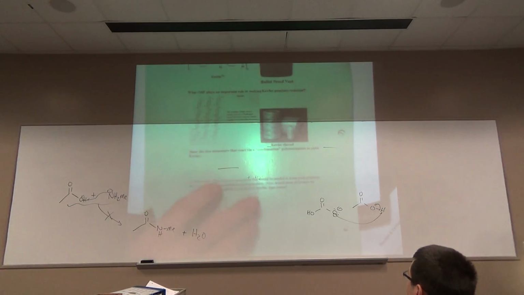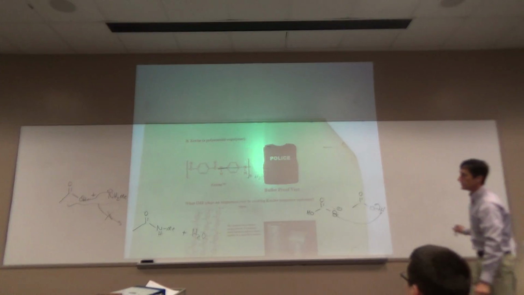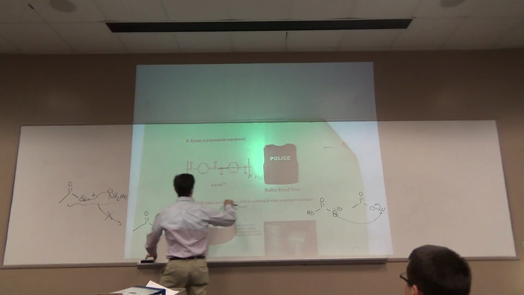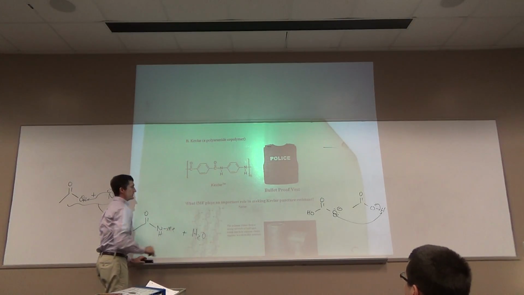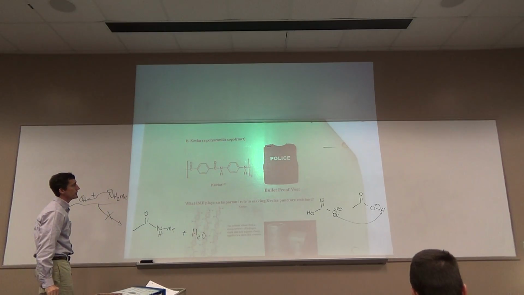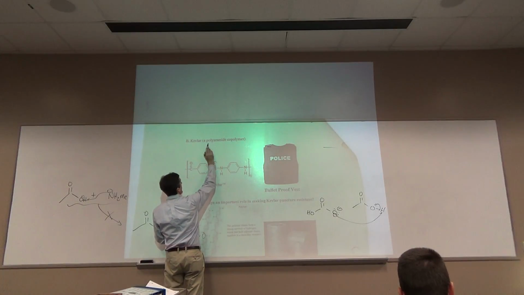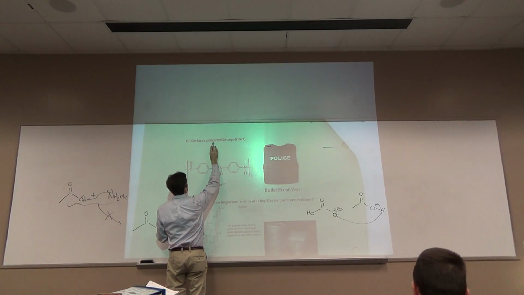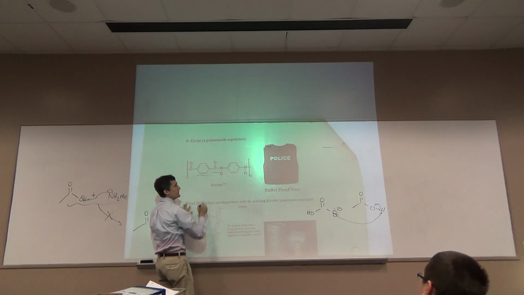There are other condensation polymers. Kevlar, which is used to make like bulletproof vests. Here's the structure here. It's called a polyaramide. Poly meaning multiple, aramide. Well, it's an amide, but it also has the aromatic ring.